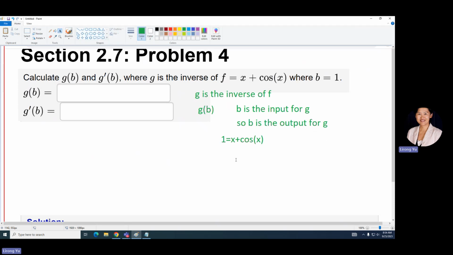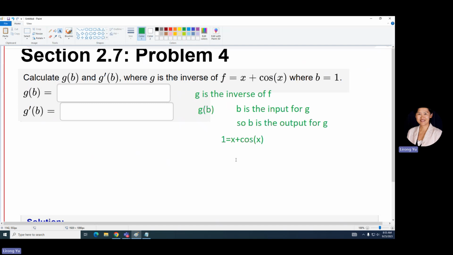Right? So here's the thing, cosine of x will always be less than or equal to 1. So if we want 1 equal to this, then both of them have to be less than 1. If x is less than 1, how can we make this equal to 1?